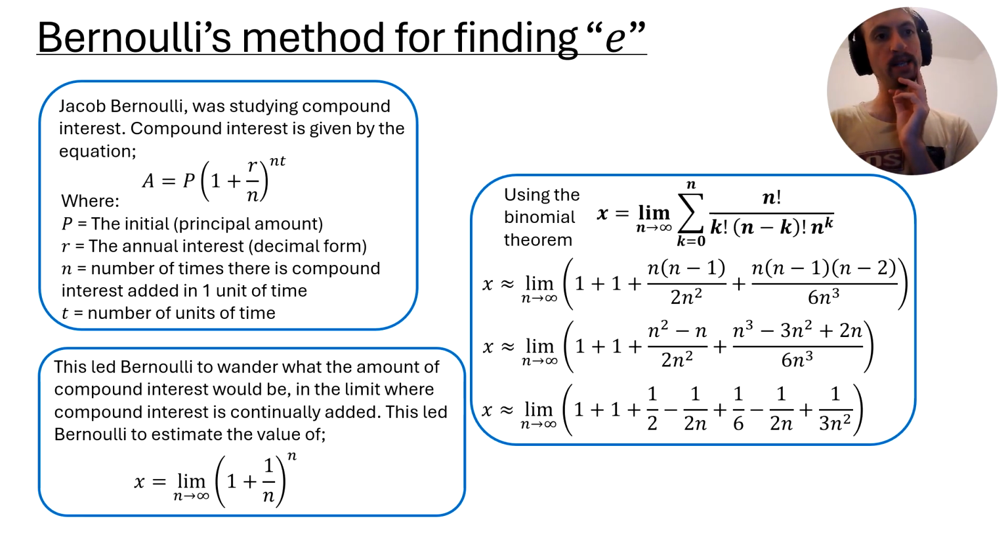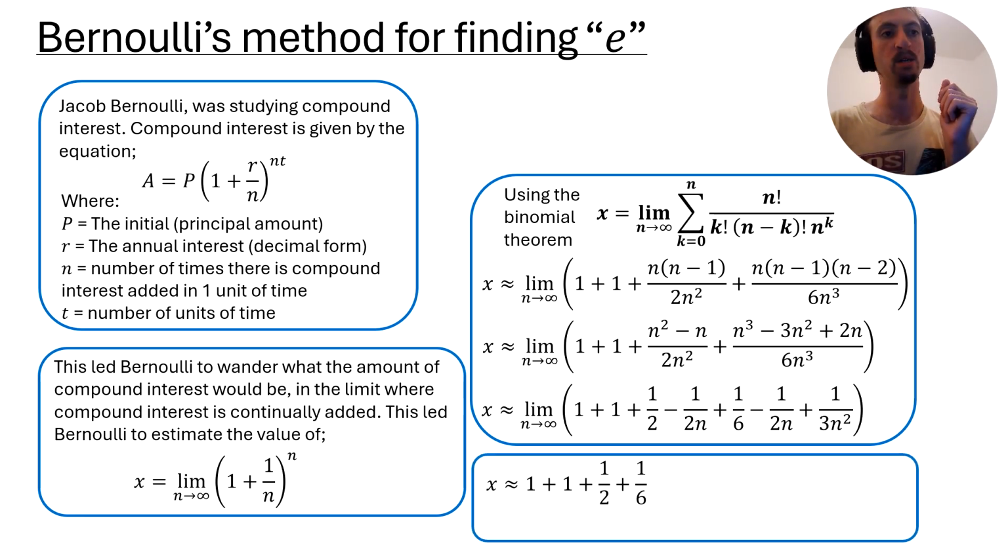So what that means is, from our first four terms of our binomial approximation for the Euler constant, we get some fractions from our two latter terms, and those fractions help us get a fairly accurate answer for E. So E, or x, should be about 1 plus 1 plus a half plus 1 over 6.